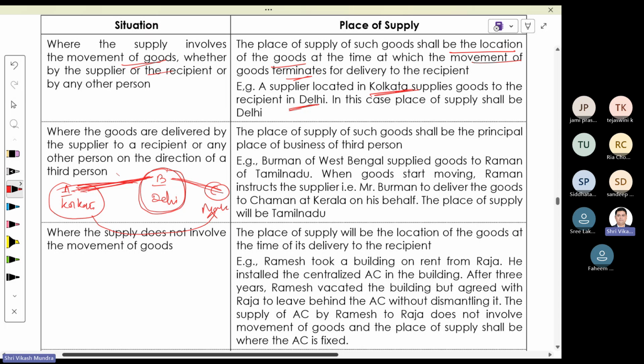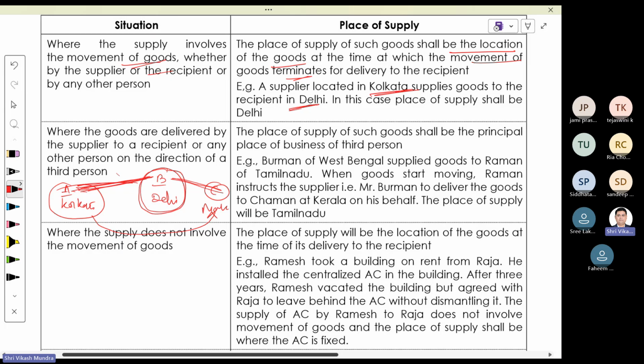That means in this transaction there are two supplies. First, between A and B, an interstate sale, and again between B and C, treated as an interstate transaction. Even though there is a single movement of goods, two transactions are involved.